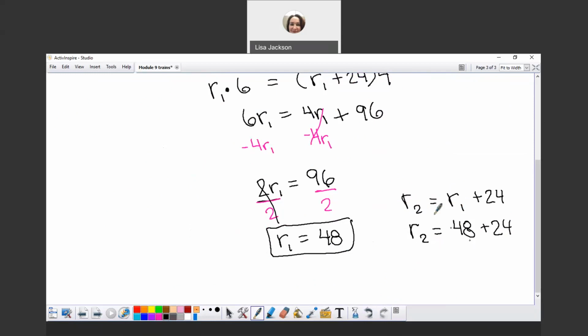So 48 and 24, that leaves R2 to be 72. My 2 answers for these 2 trains that are starting in the same place, going the same direction. One is going 48 miles per hour. The other one is going 72 miles per hour.